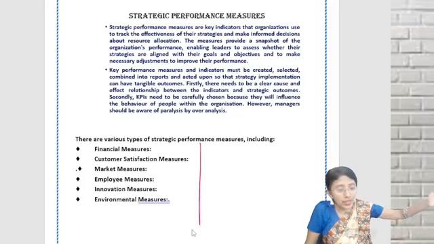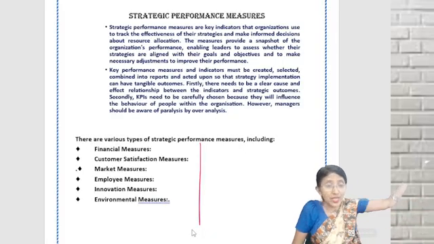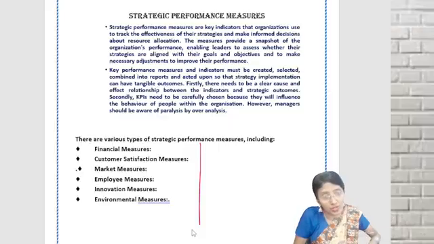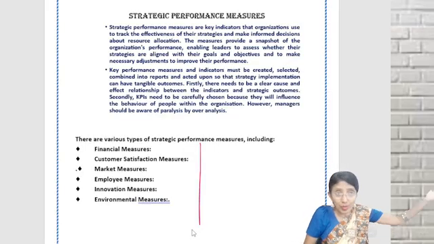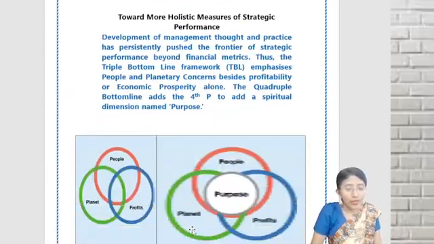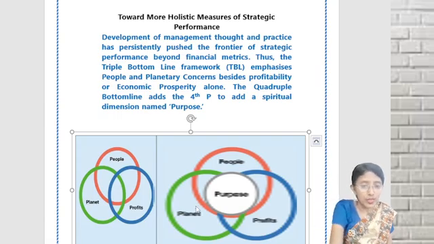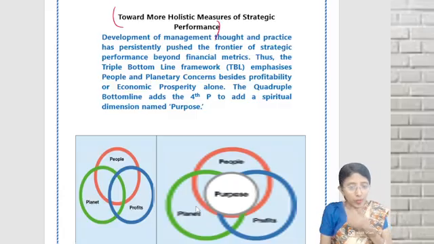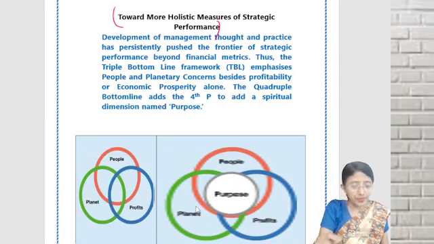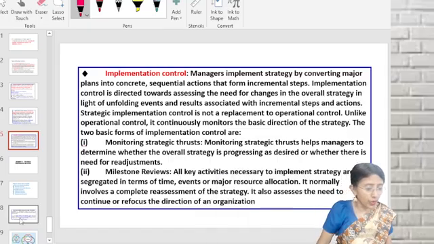Financially, based on customer satisfaction, based on employee satisfaction, extent or degree of innovation, and environmental scanning done, all these factors. And there you have one important Venn diagram towards more holistic measures of strategic performance. So look at this part which is given here, and I've also added it here for you.